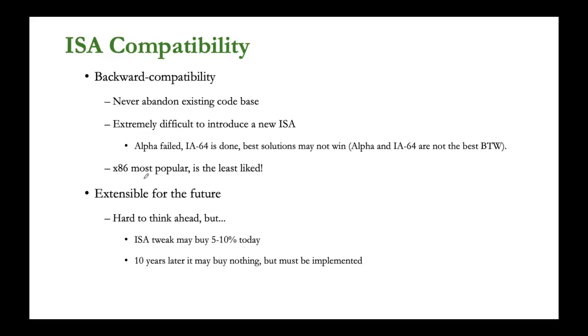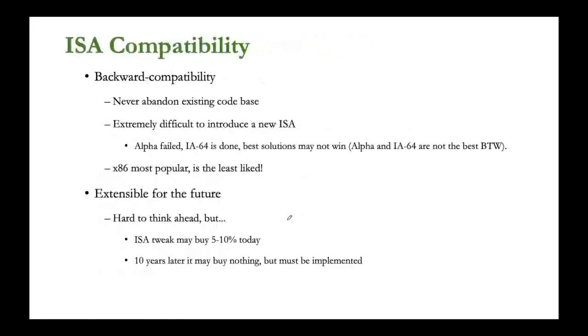For extensibility, it is hard to think ahead, and an ISA tweak may buy 5 to 10% today. Some 10 years later it may buy nothing, but it must still be implemented.